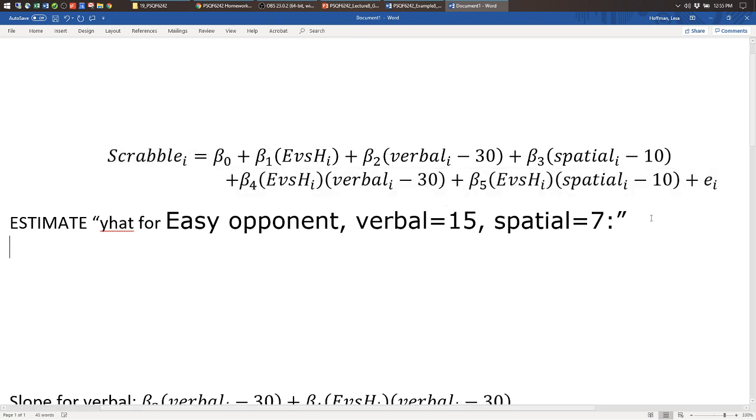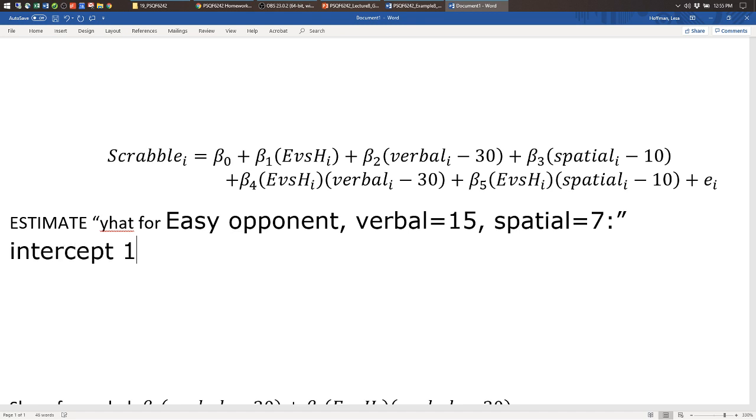It won't be the same model. So then I need intercept 1. If it's for easy, I need easy versus hard is what? 0. I need verbal 30 is what? And don't say 15. Minus 15, right? Because it's centered. Did that catch anybody? Yep, that's a common mistake.